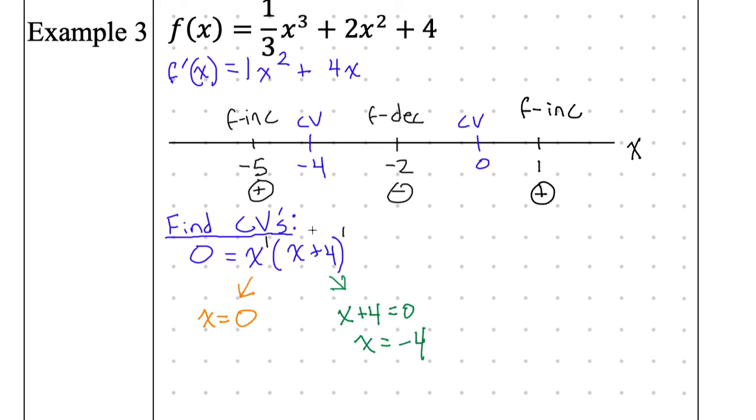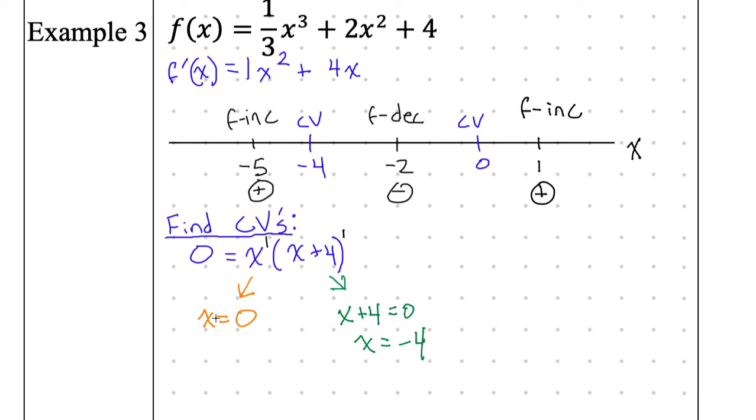When I look at this CV, which corresponds to the -4, when I jump over that CV because it has an odd power, I will also switch signs. If, for example, I change this to 2, then it would stay negative to negative. Just as a quick little cheat sheet. I'll be going over that again because it is very useful to go fast on these problems. But it's more important that you know it than you can do it fast. That's all I have for you guys.